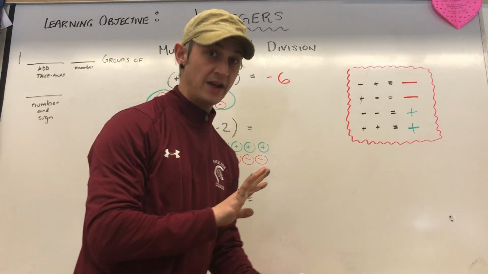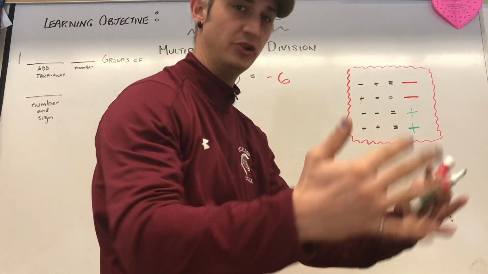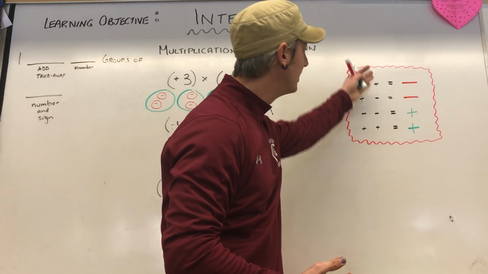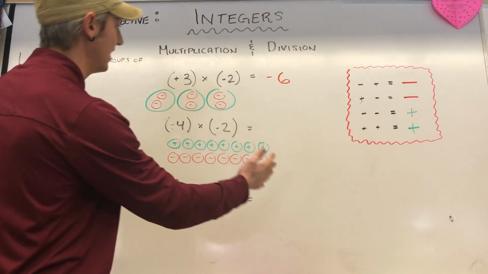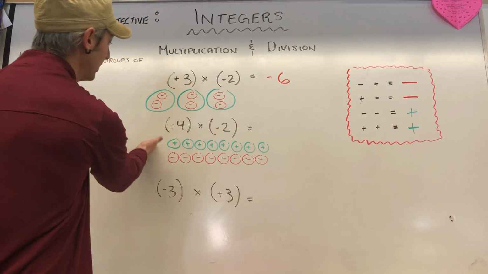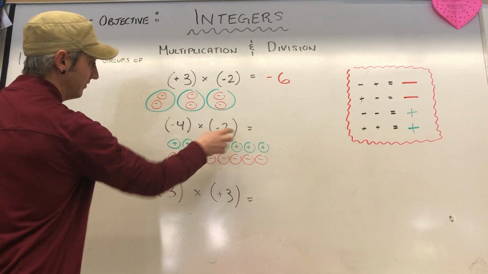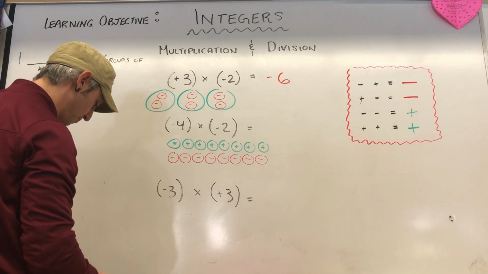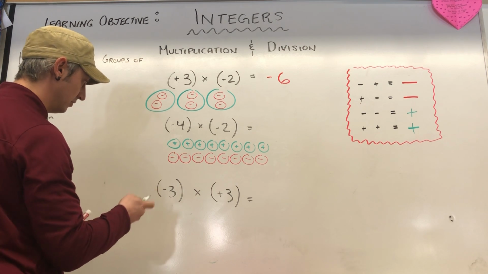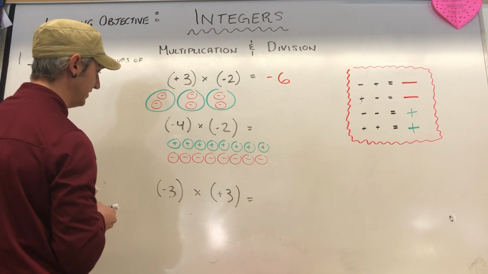Now I know this seems complicated, and I'm just showing you how we can jump to here. I'm showing you what it looks like, and then we'll use the shortcut and we'll be cruising, okay? Now I'm going to take away 4 groups of -2.